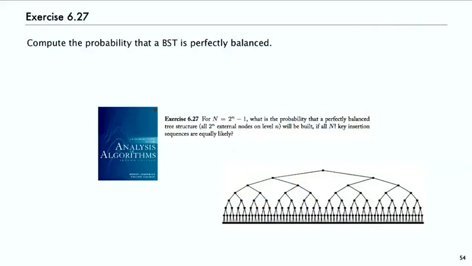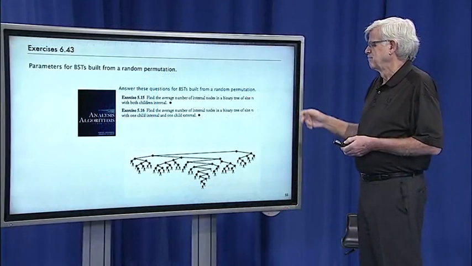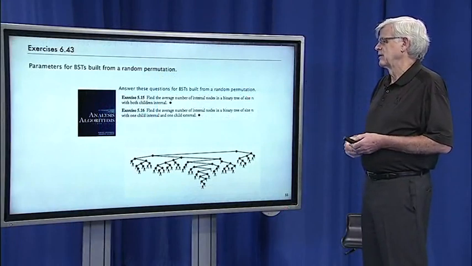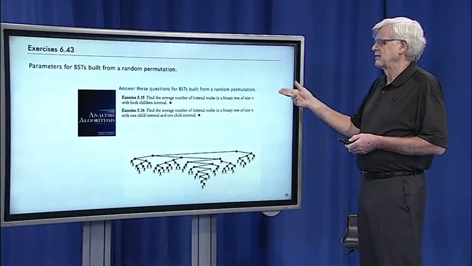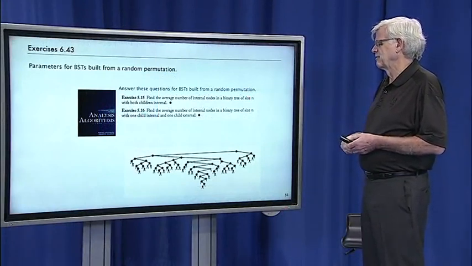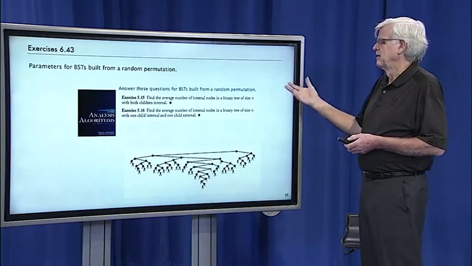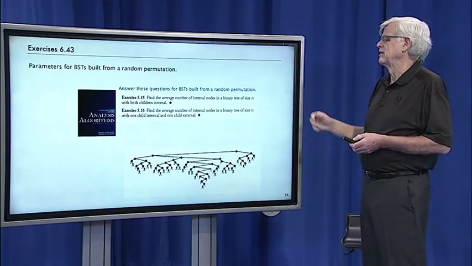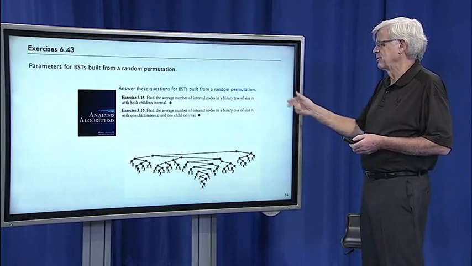This is just a computation based on our observation about permutations and binary search trees. What's the chance that you get a perfectly balanced binary tree? That's just a fun computation. And then this is the same kind of idea. We did parameters from trees before. This is parameters from BSTs built from a random permutation.